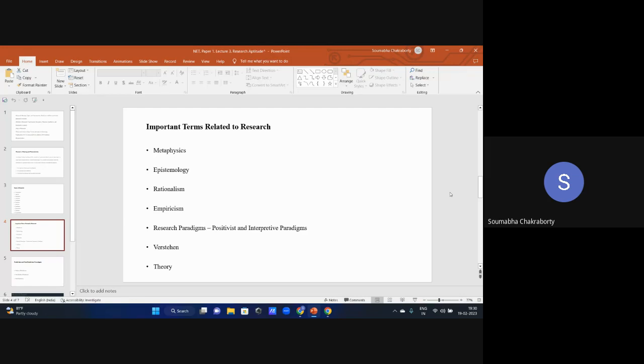Lastly, a very important term related to research is theory. Theory is a set of systematically related statements, including law-like generalizations, that can be tested empirically. Without empirical testing, a theory cannot develop. A theory can only develop after it is tested empirically.